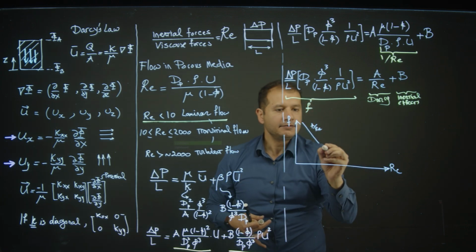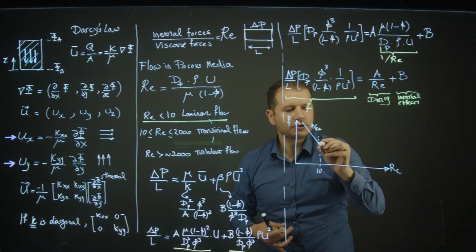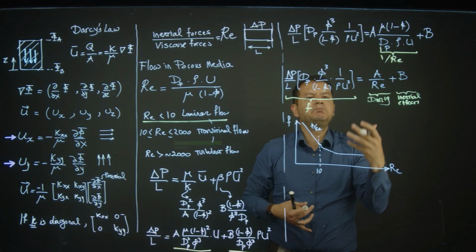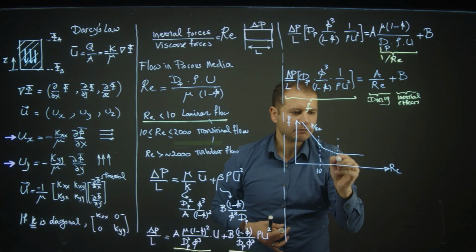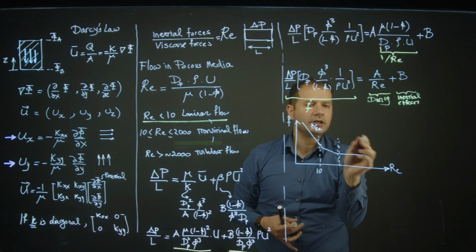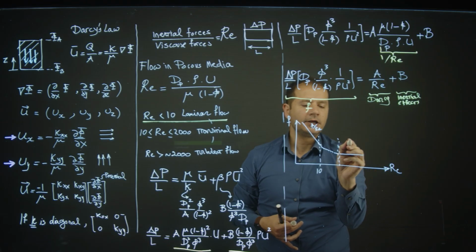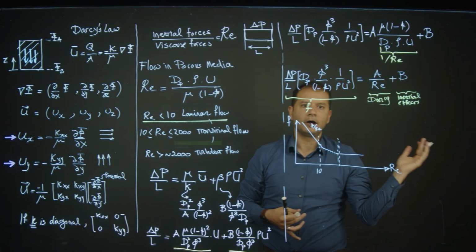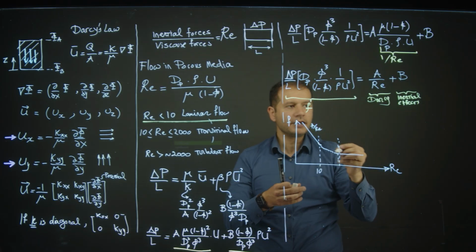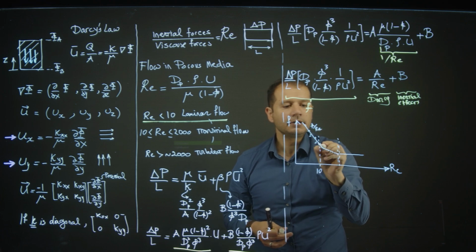And then all the way to around 10, we have the start of the transition zone all the way so that it gets to be B dominated, which is around more than 2000. And this is when you have fully B dominated, inertial forces domination, which means when you have really developed turbulent flow. And that's when B is 1.75, found by experiments that were performed by Ergun.